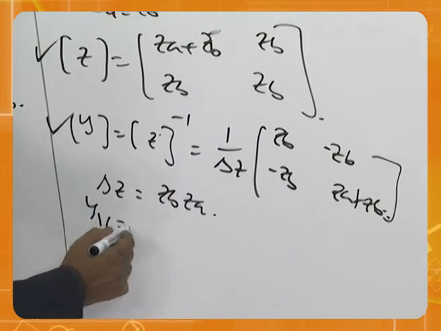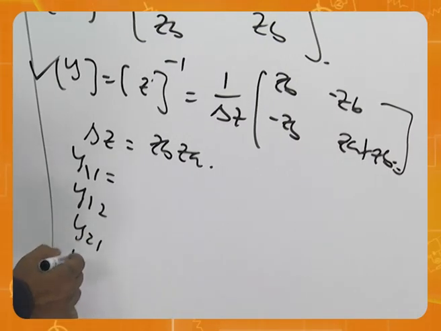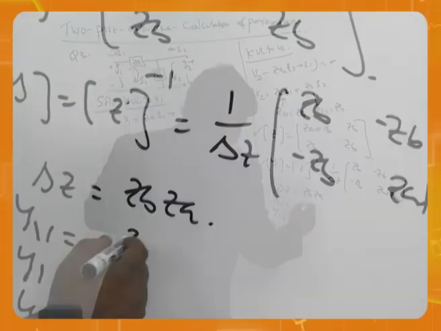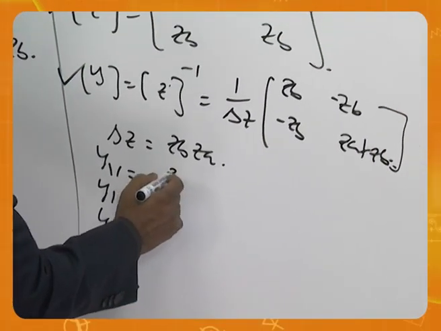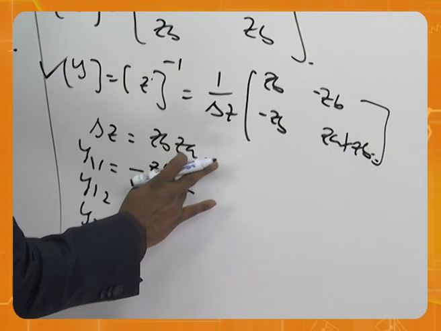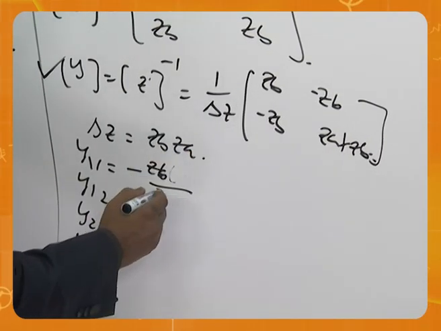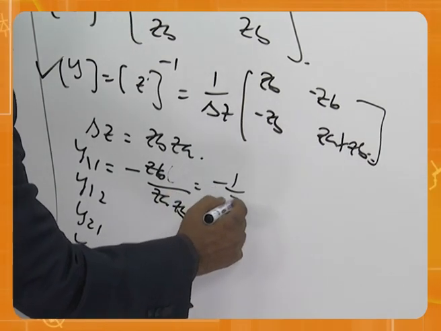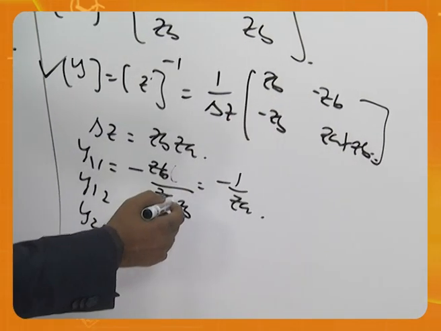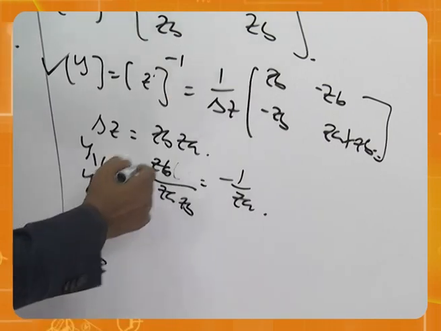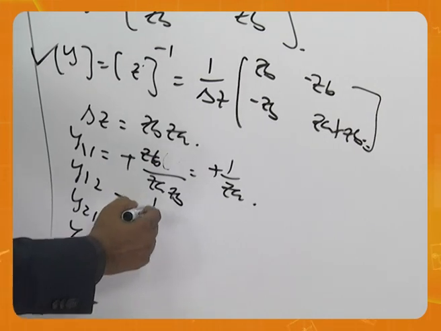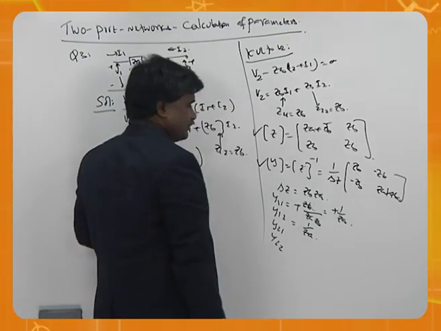In the process, Y11, Y12, Y21, Y22. This is nothing but here ZB, ZB cancel, ZB by ZA ZB, so 1 by ZA. Like that, here you can say minus minus become plus, and that will have 1 by ZA.